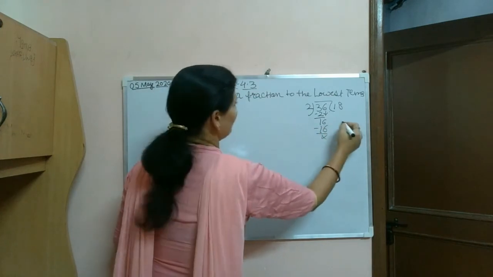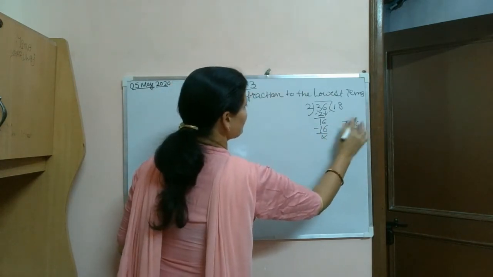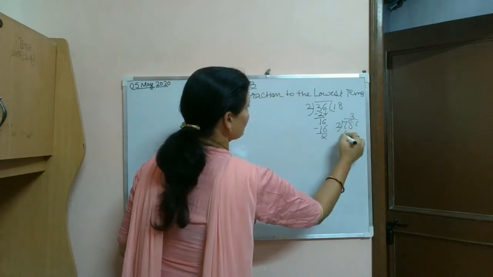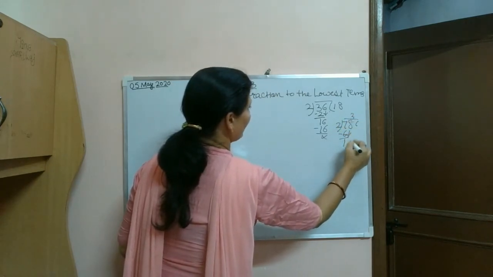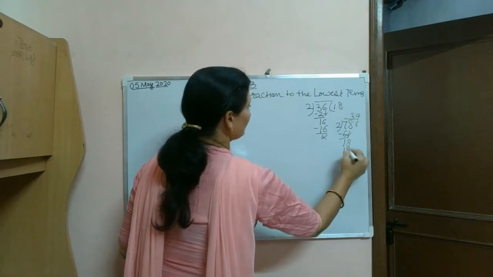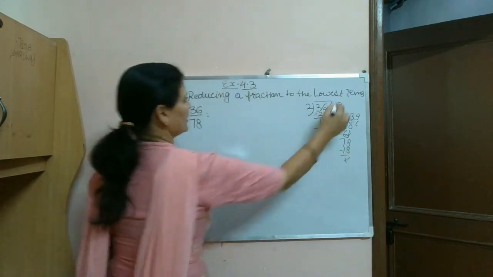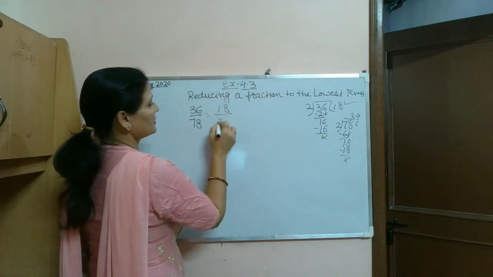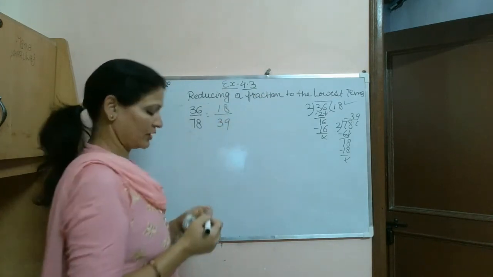And now we will divide 78 by 2. 2 3s are 6, 1 is left, bring down 8, 2 9s are 18. So 18 is in the numerator and 39 is in the denominator.